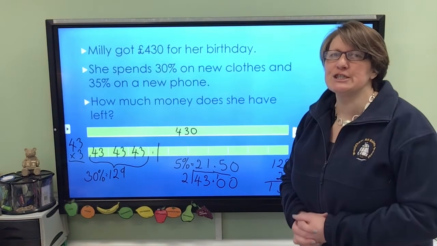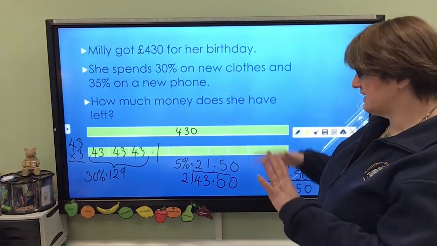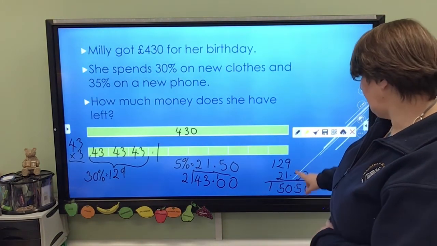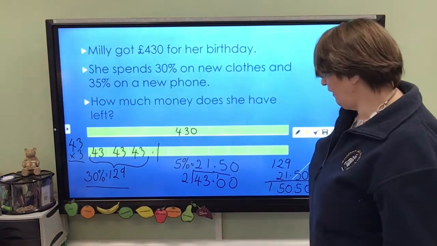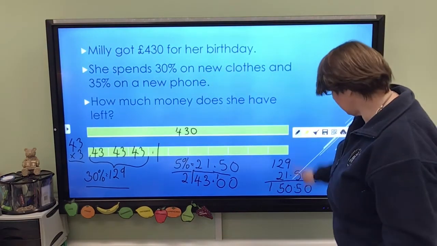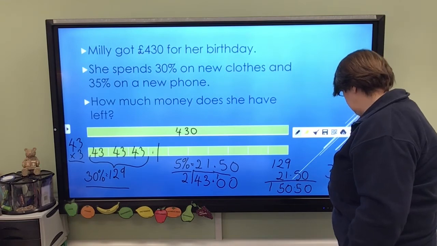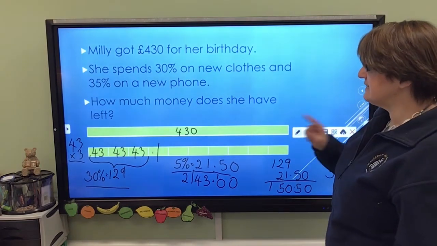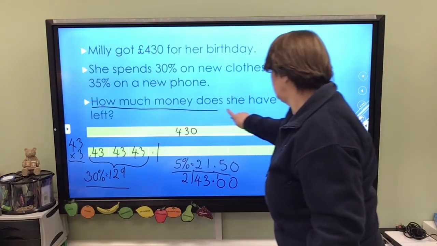So, did you spot my error? What did I forget to do before I said that I'd finished? I found my 30%, I found my 5% and added them together to find my 35%. But what I didn't do was answer the actual last bit of the question.